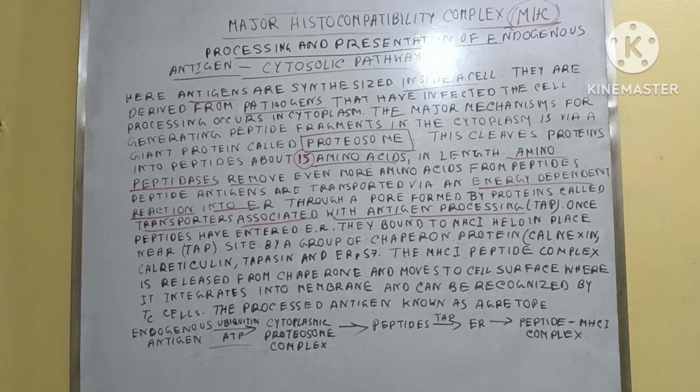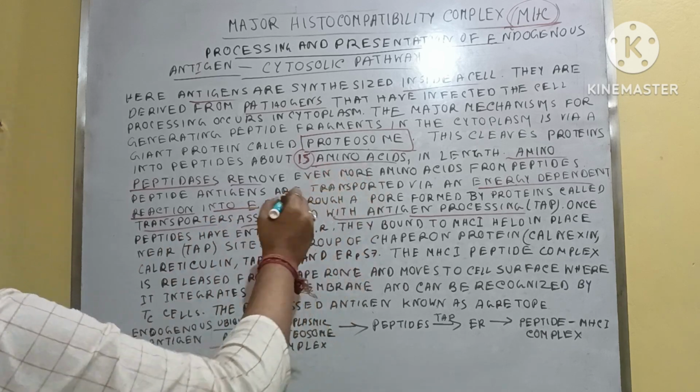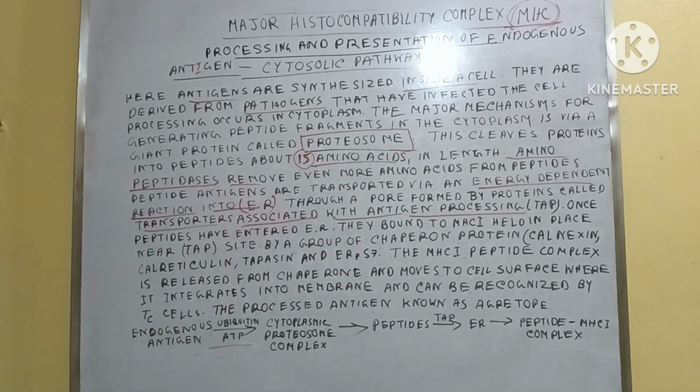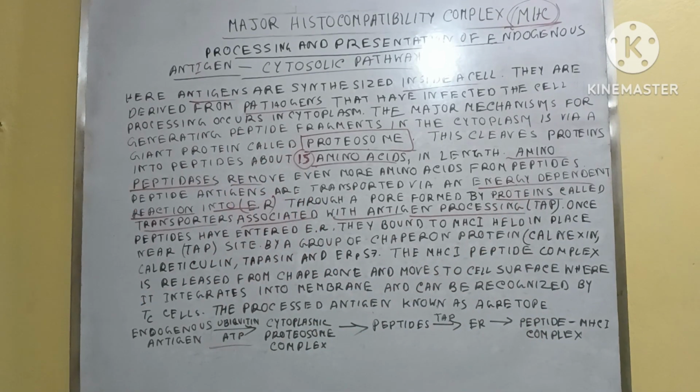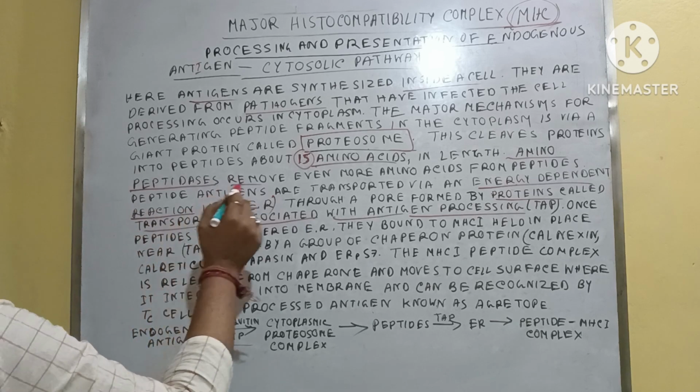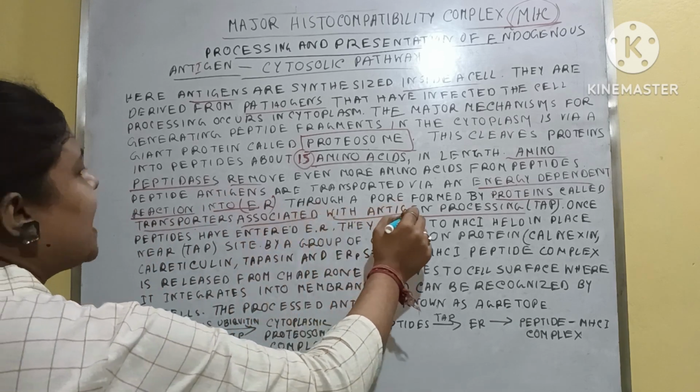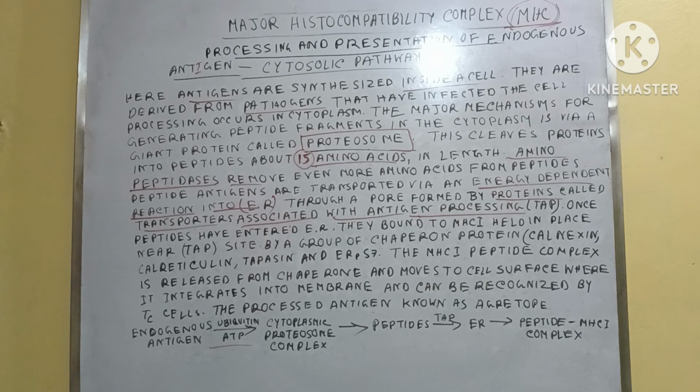So what is the name of the pore? Through the pore, the fragment enters the ER, and this pore is generally formed by the protein known as transporters associated with antigen processing, or TAP.